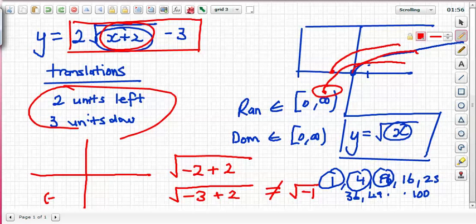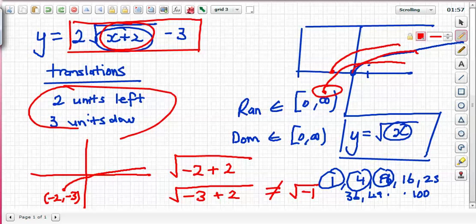I'm going to say that's where that graph starts. Let's say the y-intercept, x equals 0, is root 2 take 3. So it's going to look something like this. Not a very good drawing.